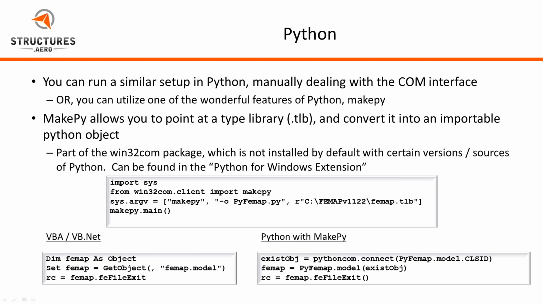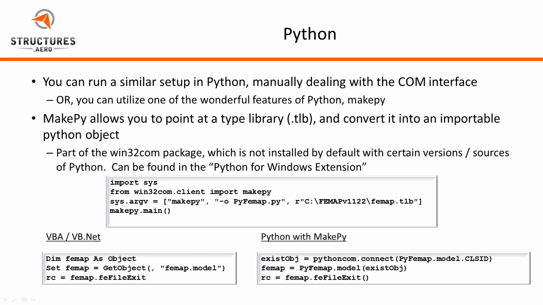The second line is connecting to it, and we are telling it that this is a pyfemap.model. So we're kind of giving it the object and where to go find it. Once it has that, it works exactly the same as the code on the left. In fact, even most of the formatting is the same, right? So in this case, we can just call femap.feFileExit. So those two sets of code will do the exact same thing, one in VBA, one in Python.